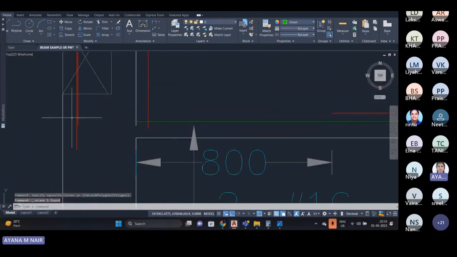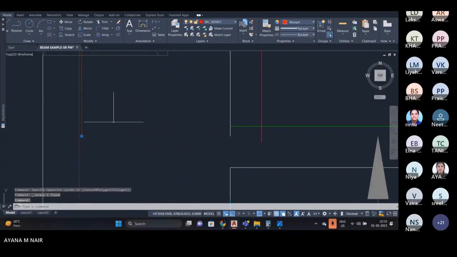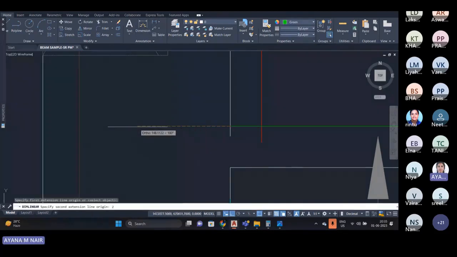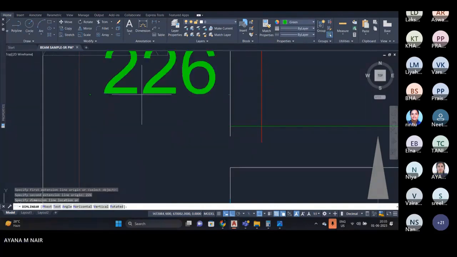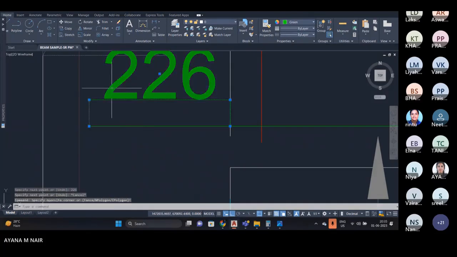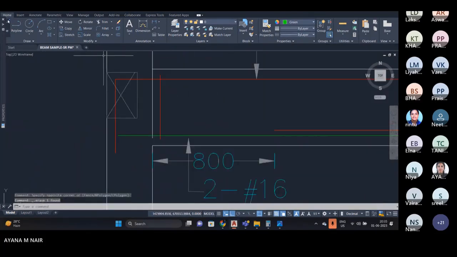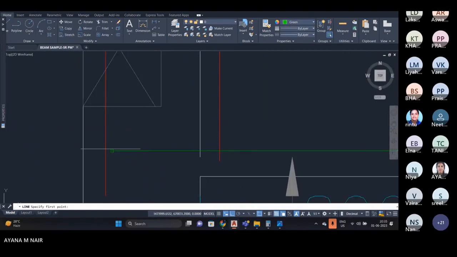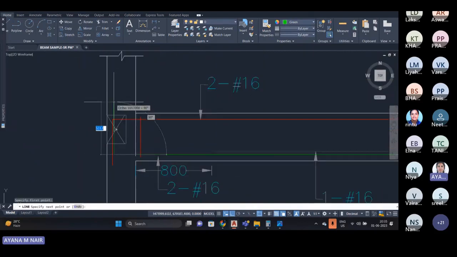Similarly, here it comes as 226. Okay, 226. And the balance comes as 500.